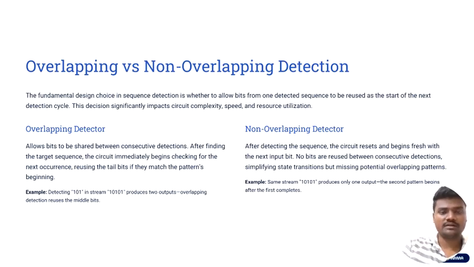Overlapping versus non-overlapping detection. The fundamental design choice in sequence detection is whether to allow bits from one detected sequence to be reused as the start of the next detection cycle.